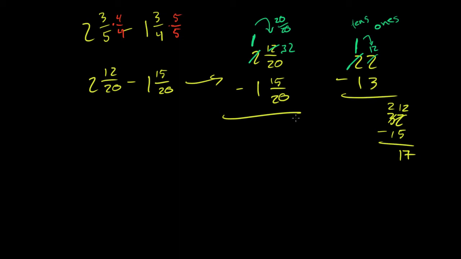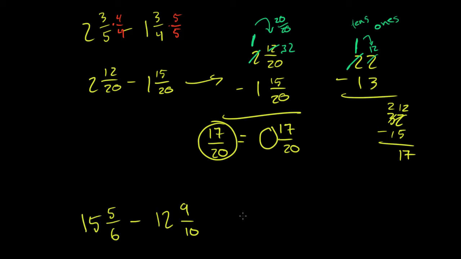So 32 minus 15 is 17 20ths. And 1 minus 1 is 0. So 0 and 17 20ths. And we should probably just write that as 17 20ths. That'd be the answer. Okay, let's try one more problem.